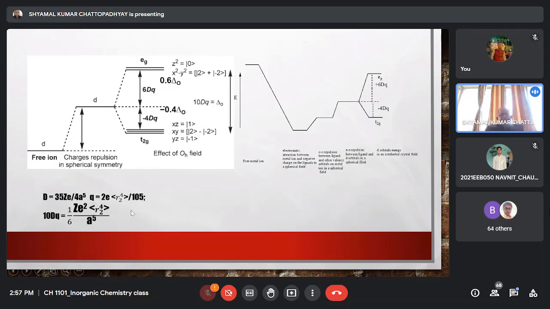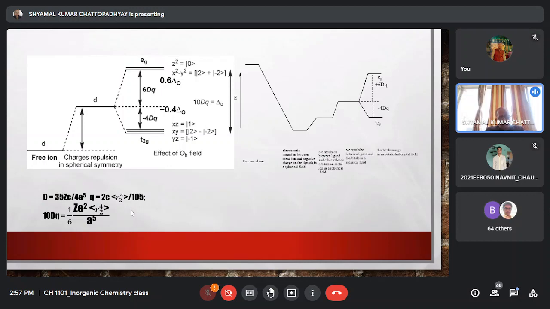It means that if the d orbital radius increases, the ligand field increases, the splitting increases. It means that as you go from 3d to 4d to 5d, because of the increase of the n value, the average radius increases, right?